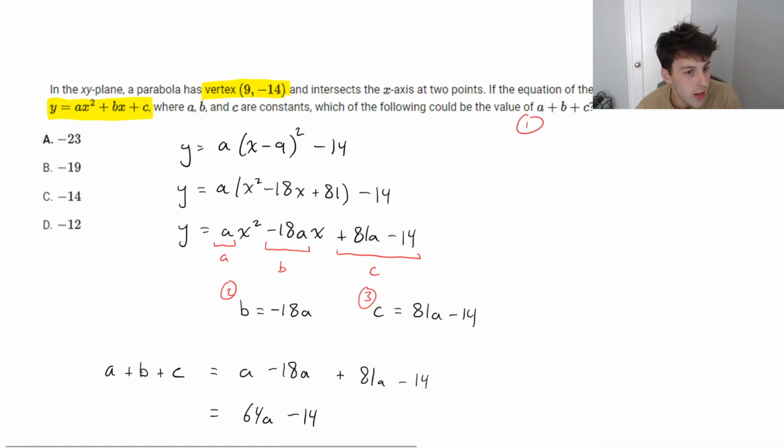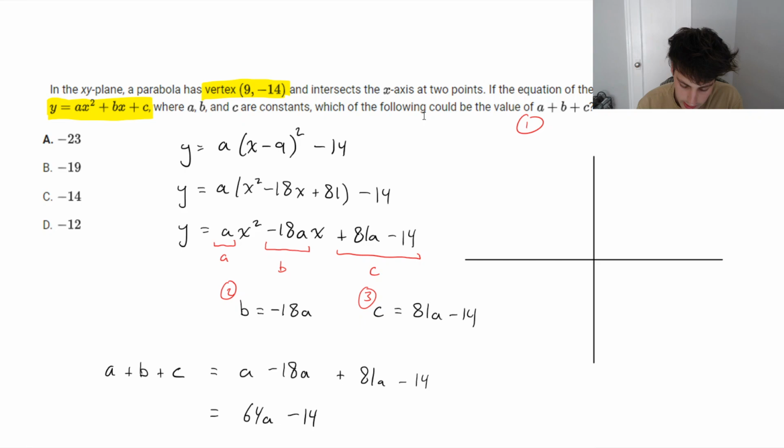We'll just get different values, but what it tells us in the question is that the parabola has a vertex at x = 9, y = negative 14. So that means that our vertex is below the x-axis, and it tells us that it intersects the x-axis at 2 points. That tells us that the parabola has to be facing upwards.